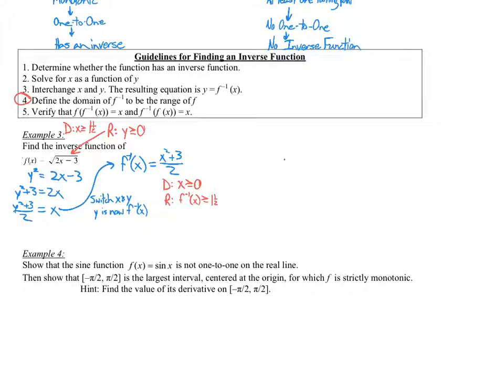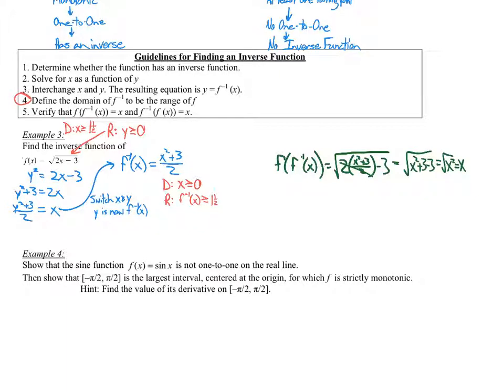Okay, so f of f inverse of x. f says to do the square root of 2 times something minus 3. Well, here the something is x squared plus 3 over 2. So the 2's cancel out. We have the square root of x squared plus 3 minus 3, which is the square root of x squared, which equals x.